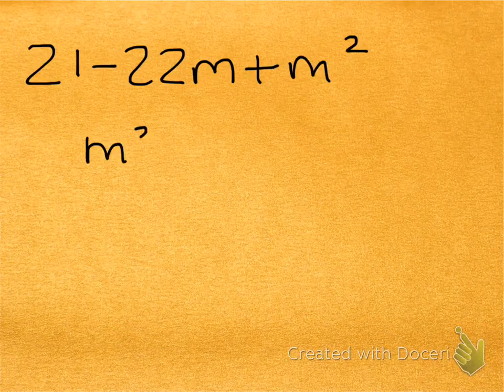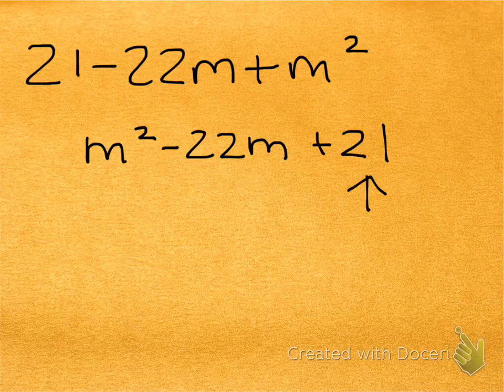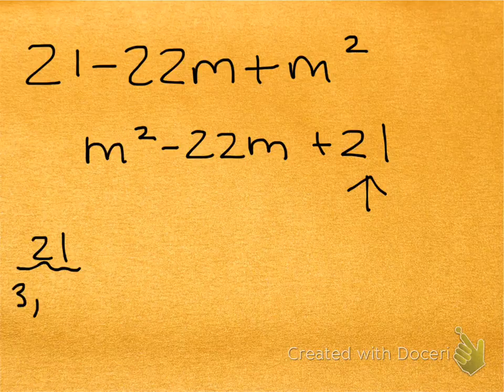Again, put this into standard form. So we're getting the factors of 21. Factors of 21 are 3 and 7, and 1 and 21. What we're trying to do is get 22.